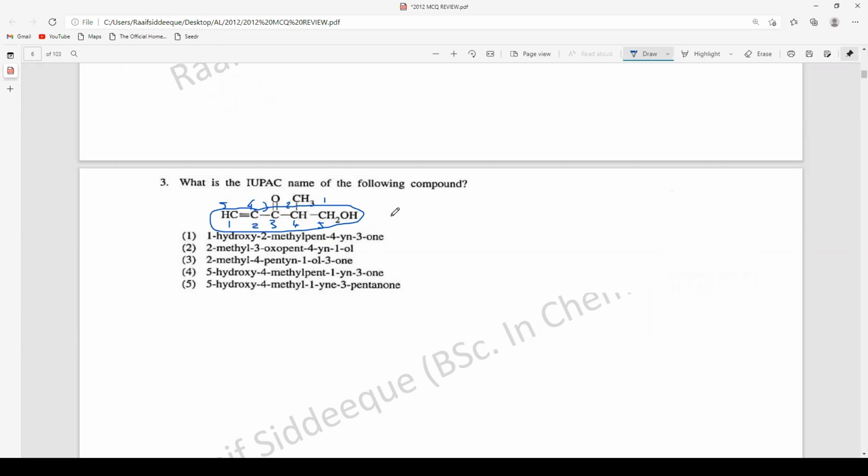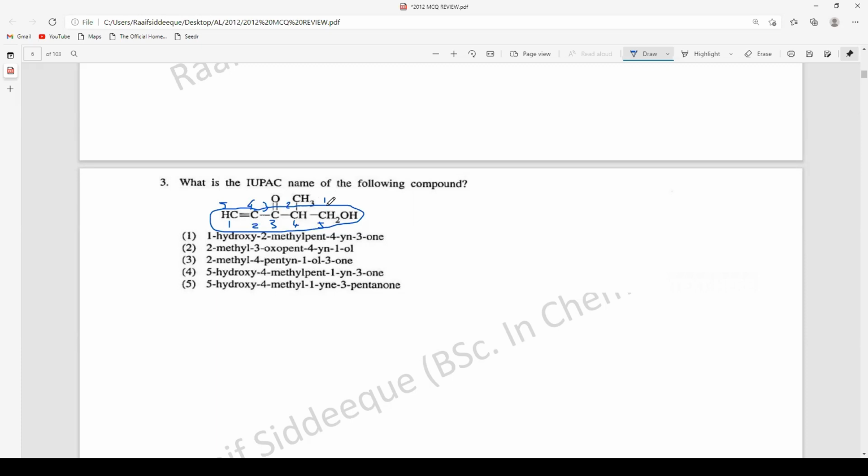So what to do next? The next thing you have to do is, if the number for the most prominent group is the same from either side, you have to check the unsaturated bonds, and then give the minimum number to that. In this case, you should understand the unsaturated bond is here, so you have to give number 1 to this end.